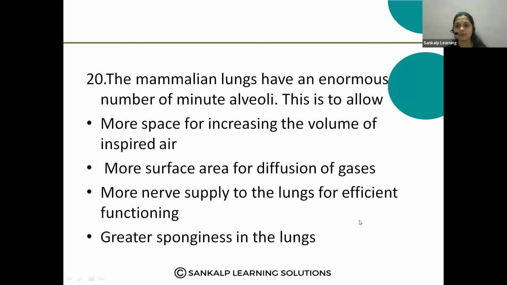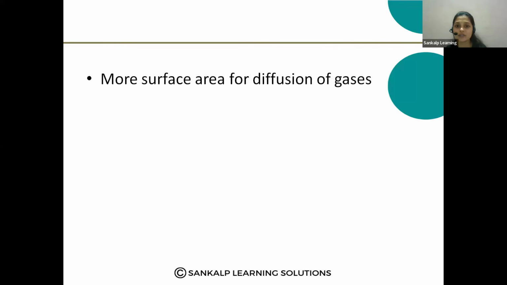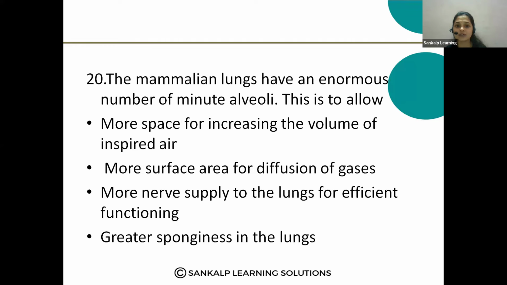Which one? Option 3? Okay, we'll see the correct answer. That is more surface area for the diffusion of gases. Option 2 is the correct answer, because oxygen and carbon dioxide exchange takes place in the lungs, right?